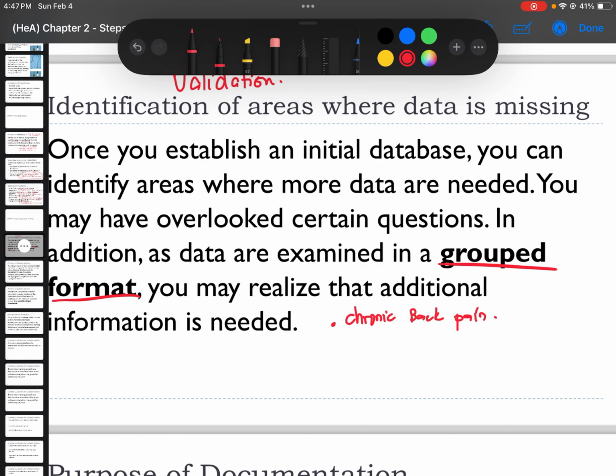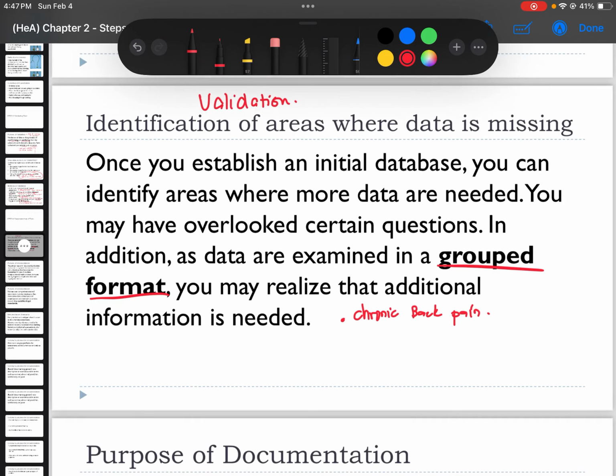Now, during initial assessment class, all you will know is the characteristics of the back pain, no? But when you group this information together, when you find out their problems, you may find out that for chronic back pain, there needs to be more questioning involved, no? More questioning needs to be involved.